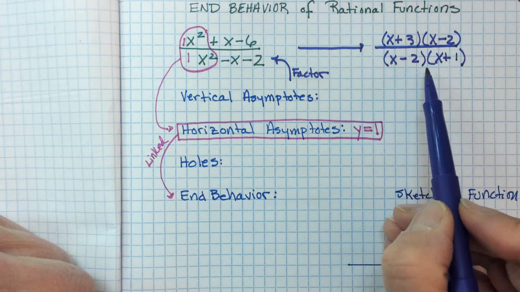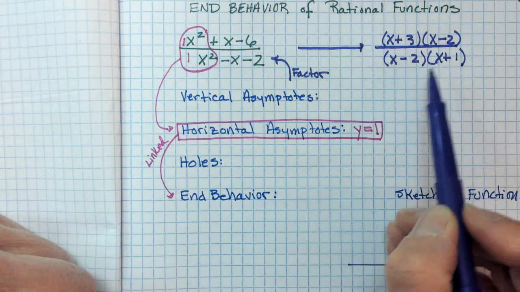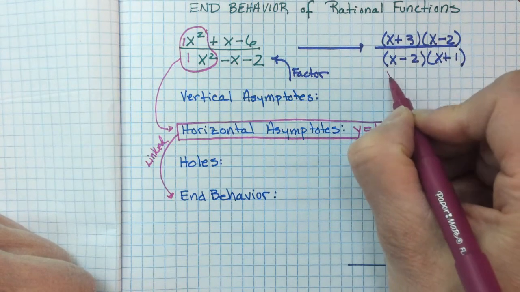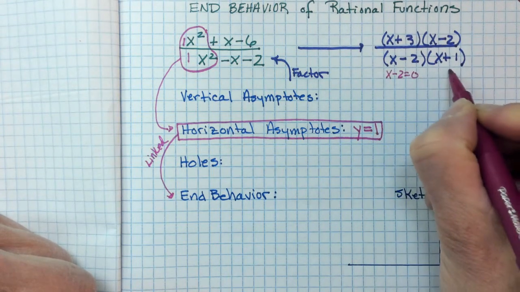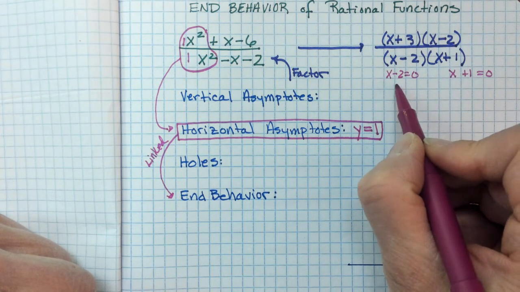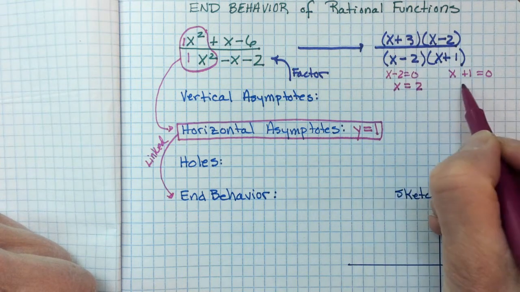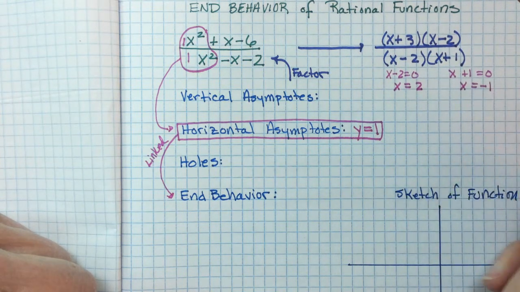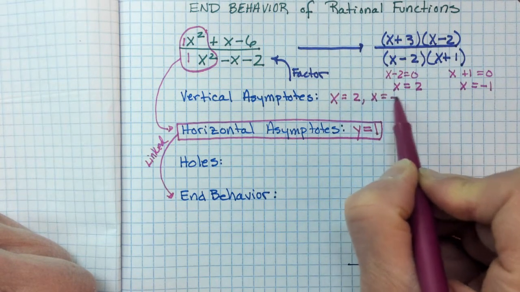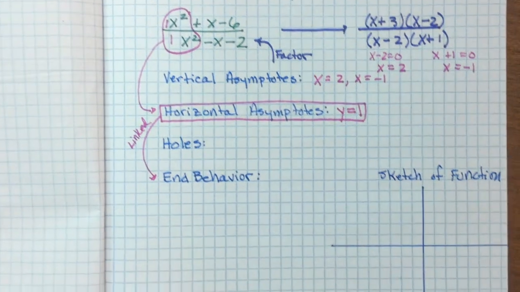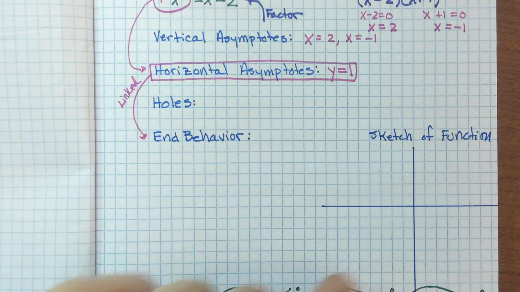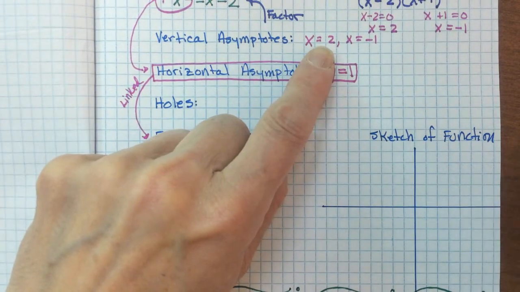For the vertical asymptote, we have to remember our denominator cannot equal 0, which means we're going to look at x minus 2 at 0 and x plus 1 at 0. So I know here that x cannot be 2 and x cannot be negative 1. Those are my vertical asymptotes. In our sketch, let's sketch in those values. x equals 2 is here.